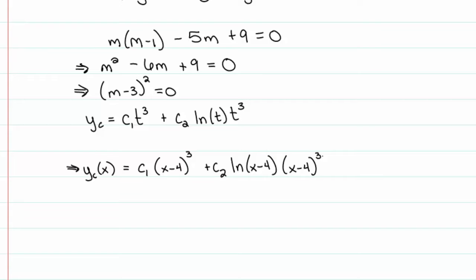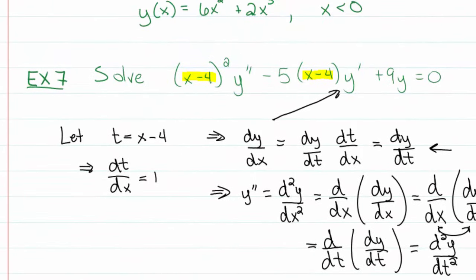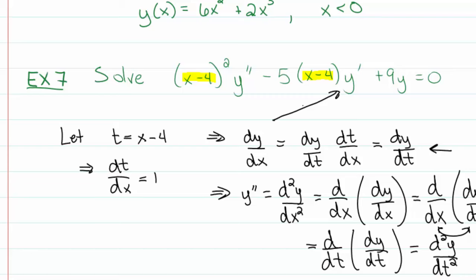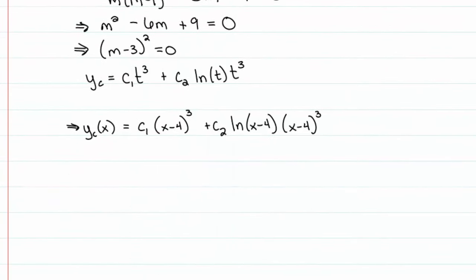You should note here that there's a restriction that x must be strictly greater than 4, but that is somewhat implied anyway in the original problem. It can't ever be 4 because you'd be dividing by 0. And then when you were to solve this, because this is Cauchy-Euler, those arguments all must be positive anyway. So that's not much of a restriction in our case.